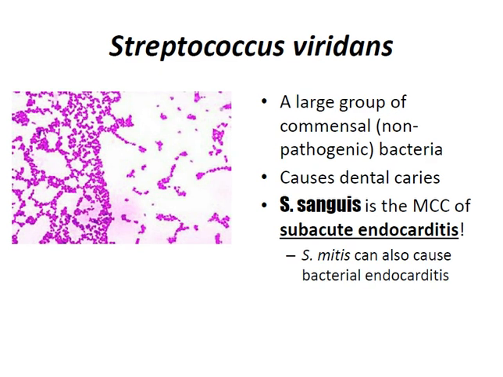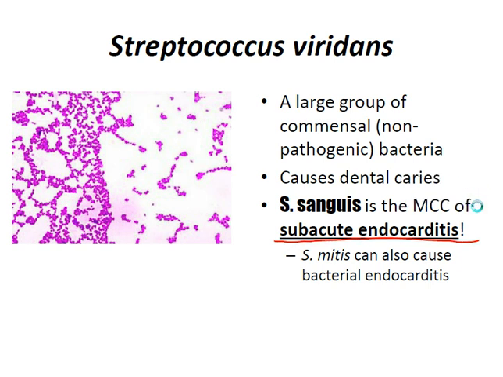So let's talk about Strep viridans. Strep viridans is a large group of commensal, meaning non-pathogenic, bacteria. Now, Strep mutans causes dental caries, whereas Strep sanguis is the most common cause of subacute bacterial endocarditis. Strep mutans may also cause bacterial endocarditis as well. I just want to put that in there.